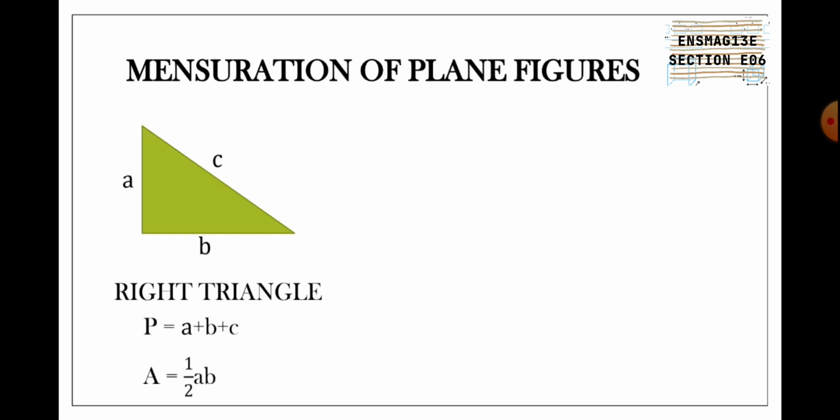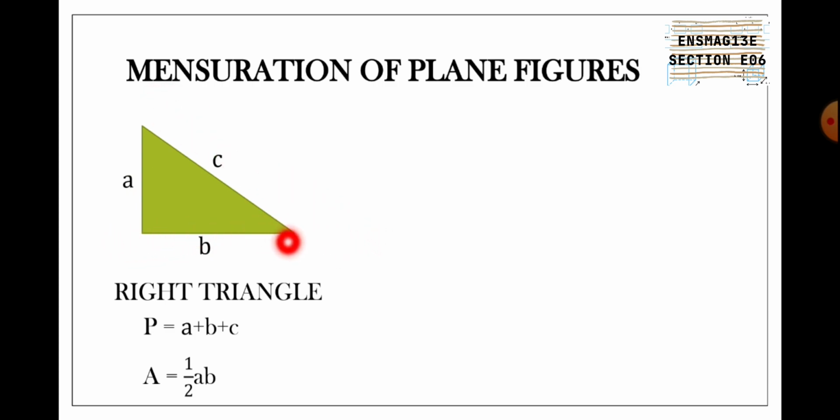Next figure is a right triangle. We can say that a triangle is a right triangle if it has a 90-degree angle. So here in our figure, your 90-degree angle is between your leg a and leg b, and your c here is your hypotenuse.